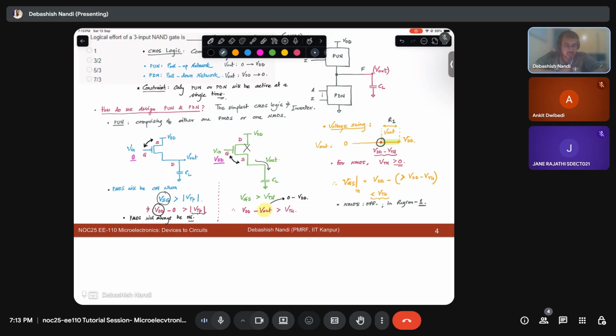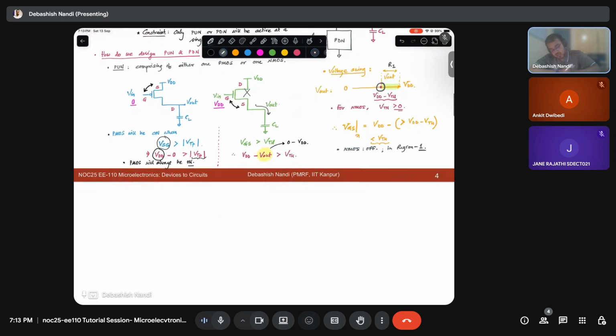So if I use NMOS in my PUN network, what is the voltage swing I am getting? From 0 to VDD minus VTN, right? So I am not getting the entire range.